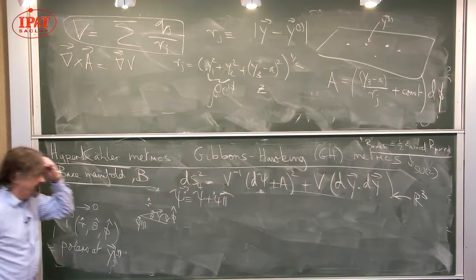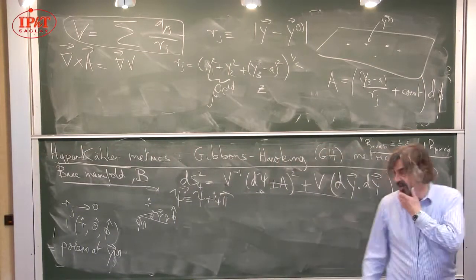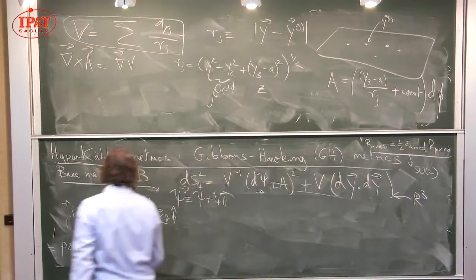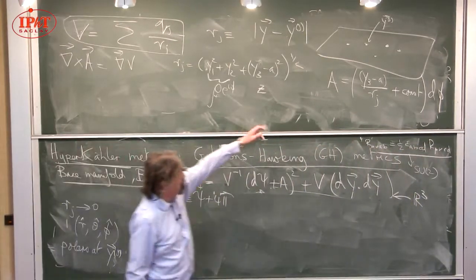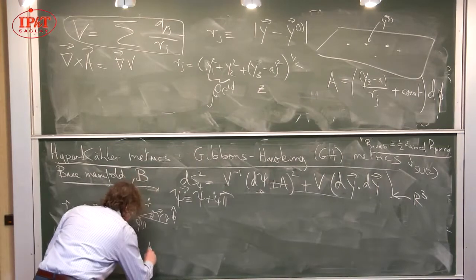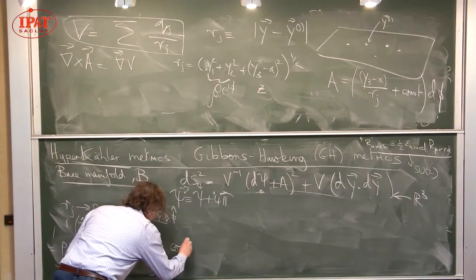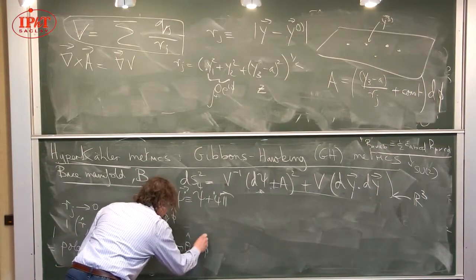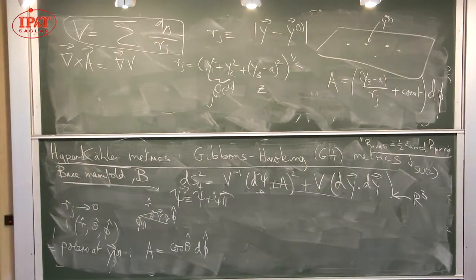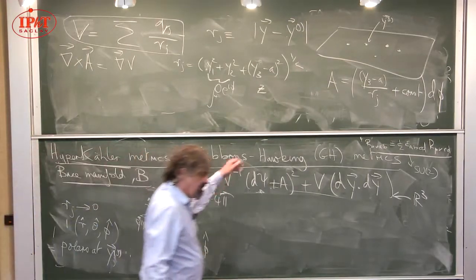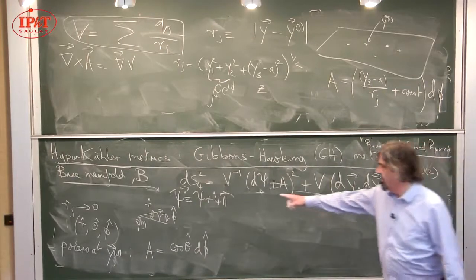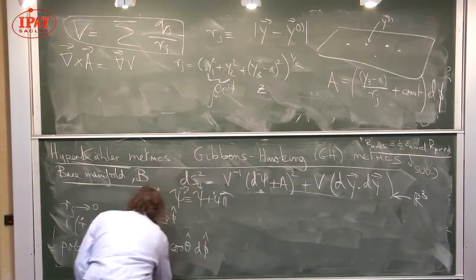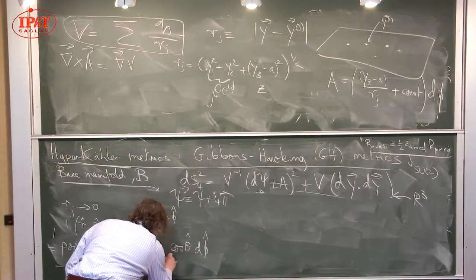Okay, so now, as I do that, it's relatively easy to show that A, if you take its form, is simply cosine theta hat d phi hat. You can ignore the constant for now. And so if you write down this metric zooming in, V of course is going like 1 over qj over r hat.